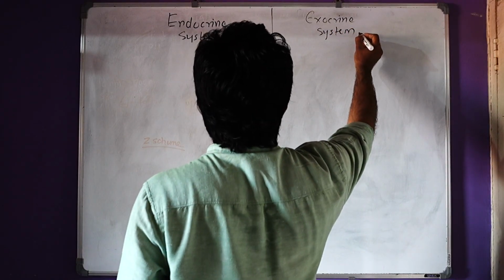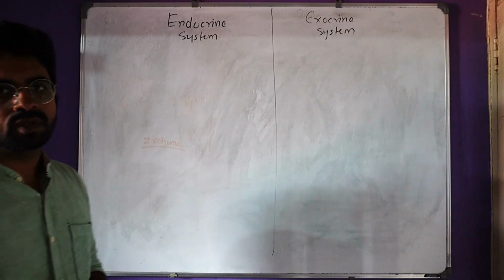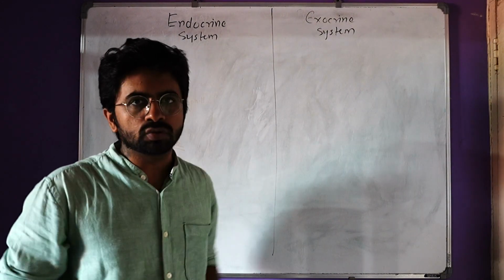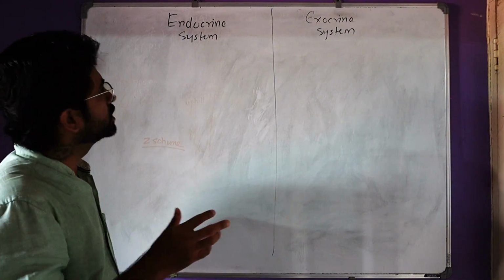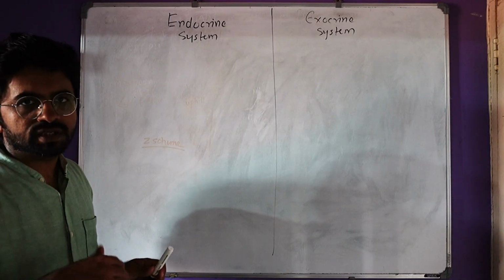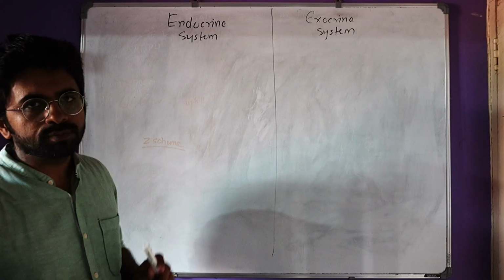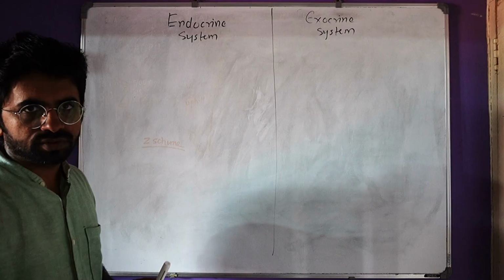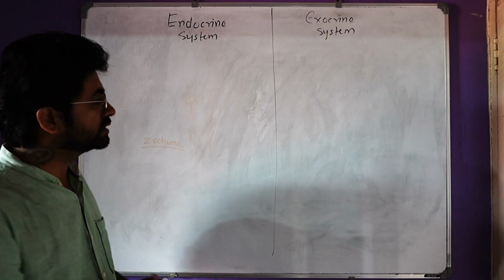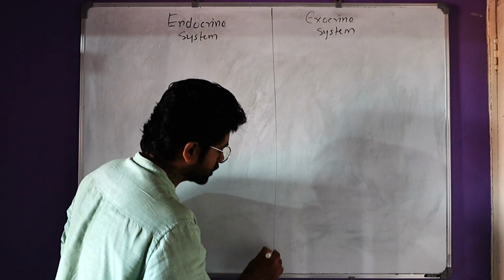As the name suggests, endo and exo. You can take a guess on these two words. Endo means internal or inside, exo means external or outside. But we will try to understand in depth what is endocrine and exocrine.